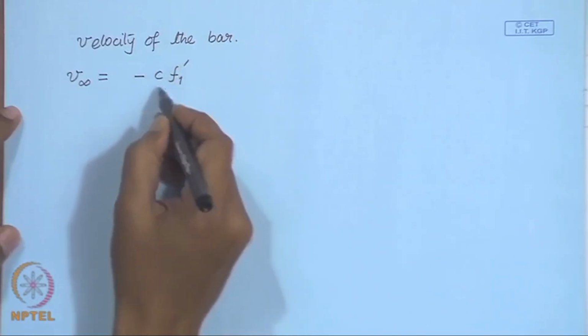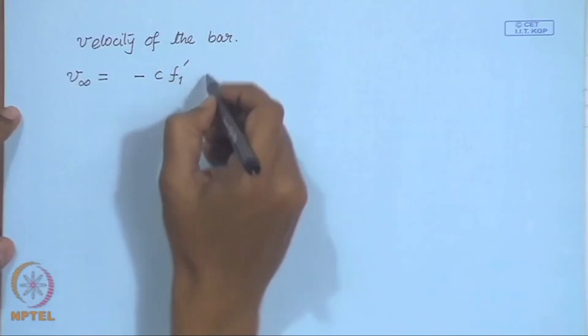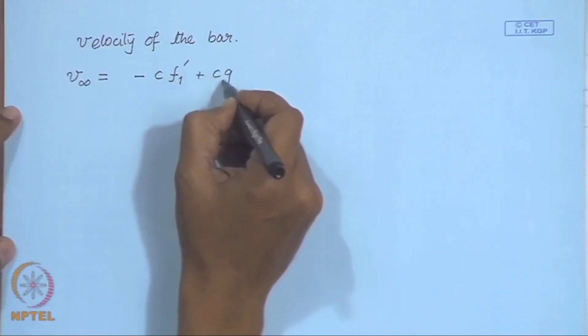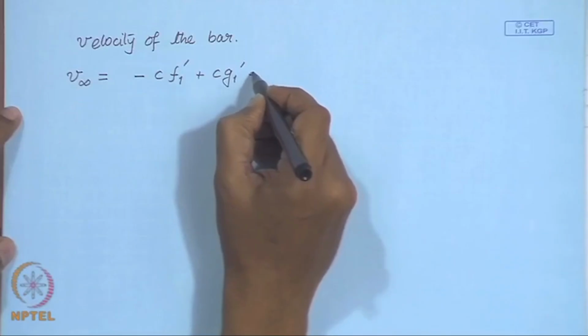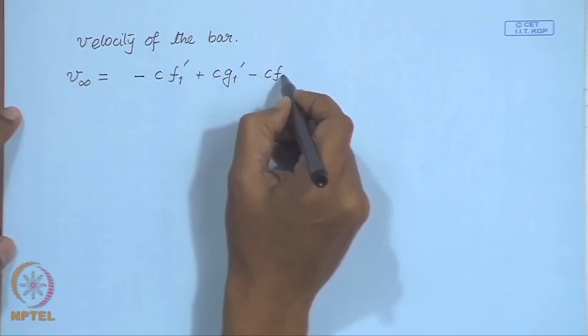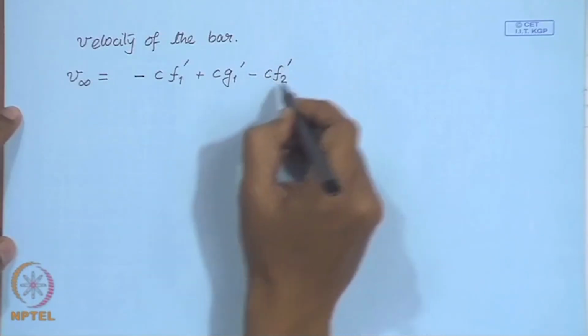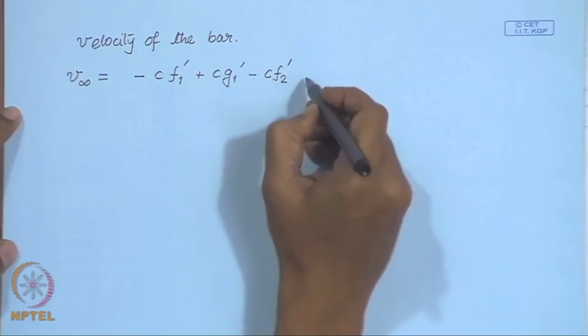So as we find velocity, it is negative c of f 1 prime plus c g 1 prime. This is what we have discussed. So, for every right propagating wave, this is going to have a coefficient minus c.